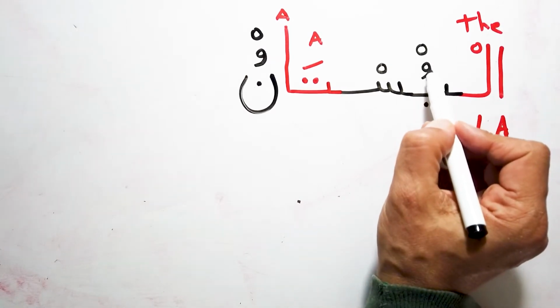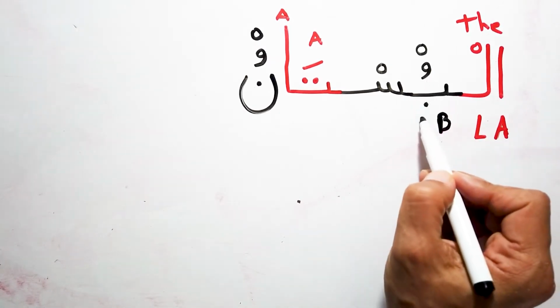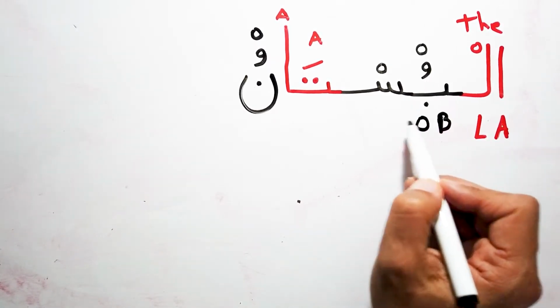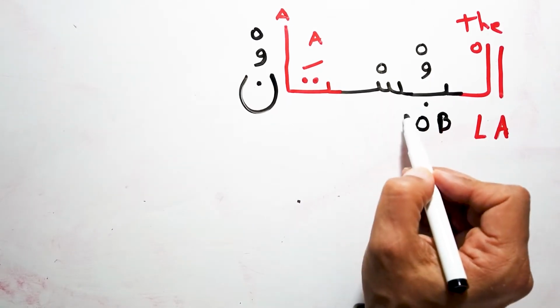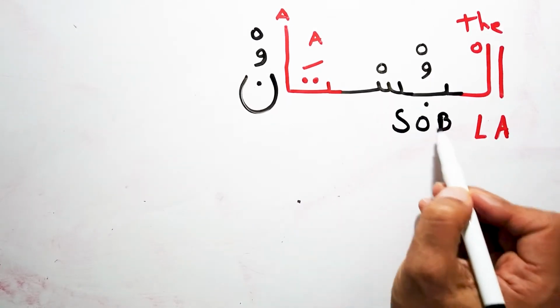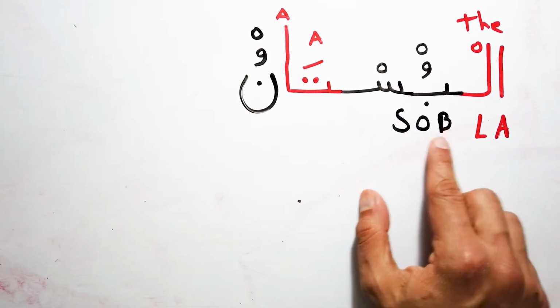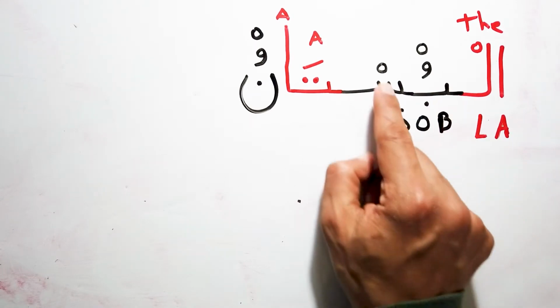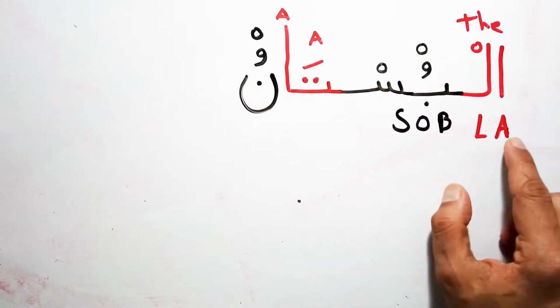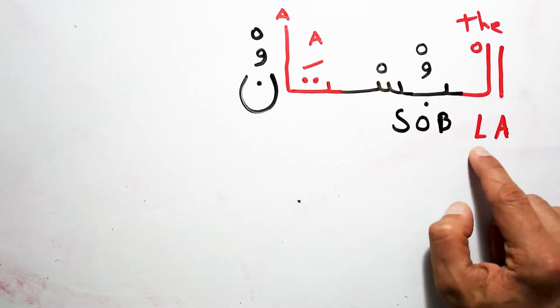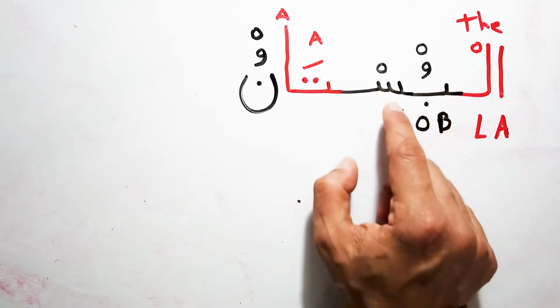And then we added this mark, which sounds like O. And then we have this letter, it sounds like S. So this part sounds like bus. This one, bu, and this one, s. Bus. A. L. Bu. S.